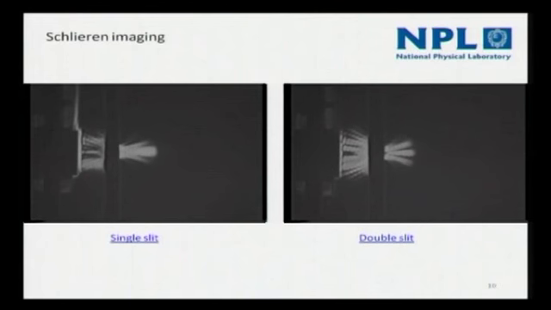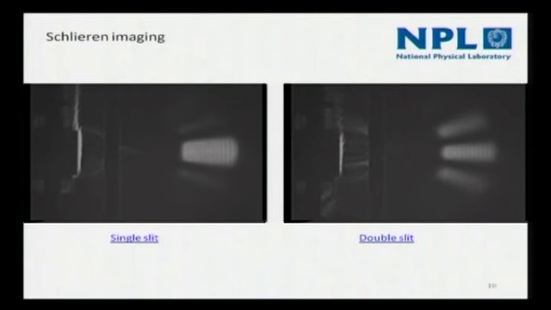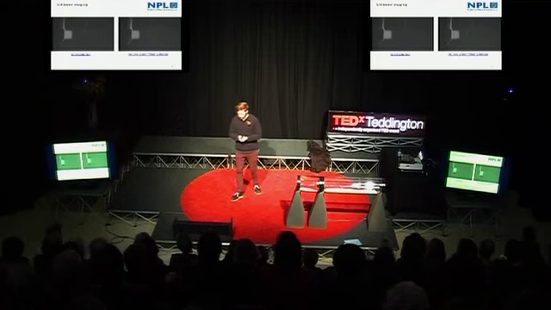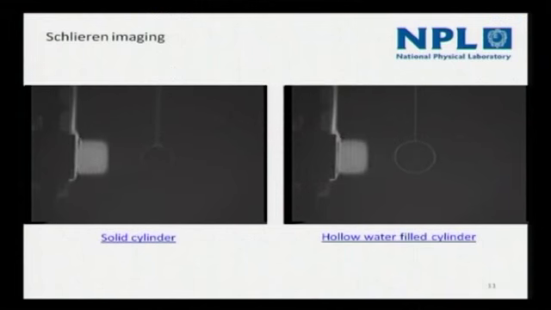So on the left we have a single hole in a metal plate, and the sound hits that and radiates through. And on the right we have a double slit. This is much like the physics experiments you might have done at school with ripple tanks.